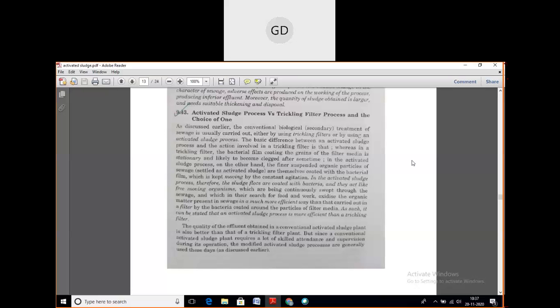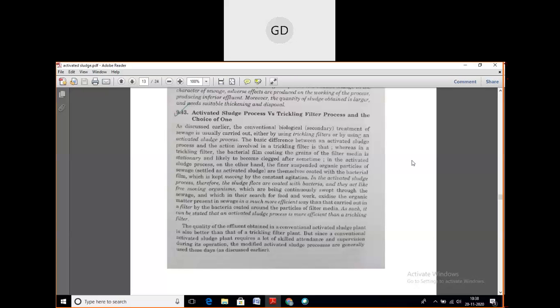And in the activated sludge process, on the other hand, the finer suspended organic particles of sewage are themselves coated with the bacterial film, which is kept moving by constant agitation. Here, in the presence of air, the whole bacterial film, the microorganisms, are kept moving in constant agitation.